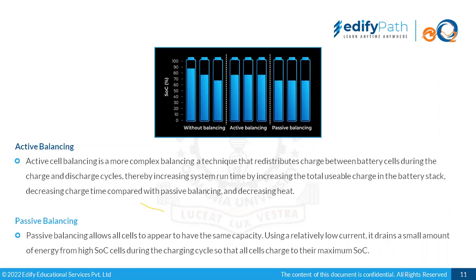If the error percentage increases and the unbalancing increases to a wider range, then we have to take it to the service station, as we mentioned. There they would be using some sophisticated technique, and again testing the battery for 7-8 cycles to achieve the equilibrium of the battery, and then they will hand it over to us.